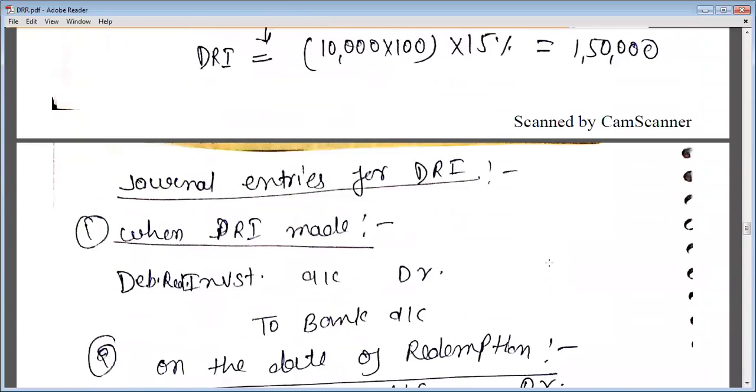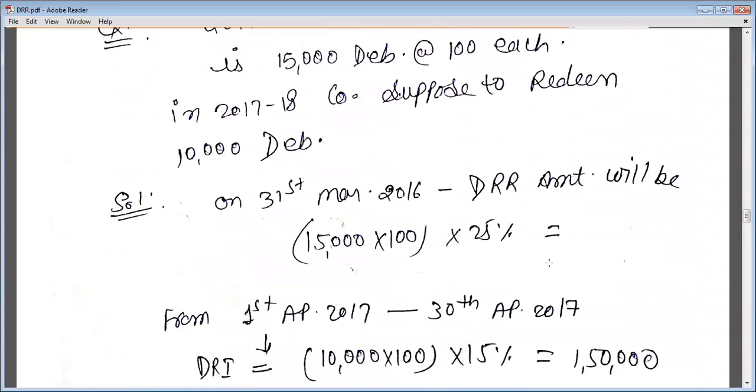Now these are the old provisions of DRR and DRI. So let's revise one more time. DRR is always created on the outstanding amount of debenture at the beginning of the year. That time DRR must be created at 25% on face value of outstanding debenture, whereas DRI has to maintain 15% of face value of debentures which you are going to redeem.